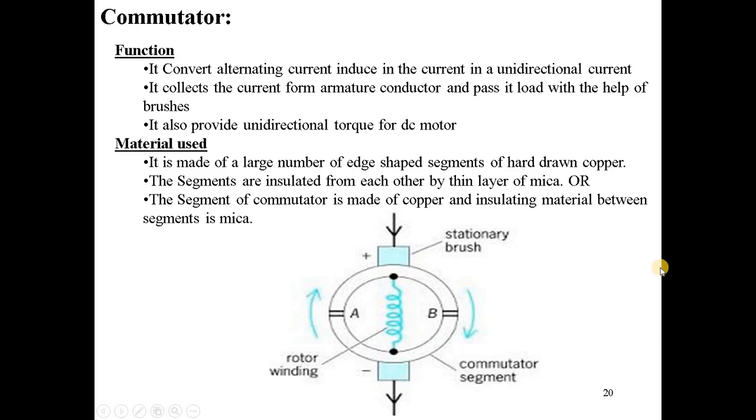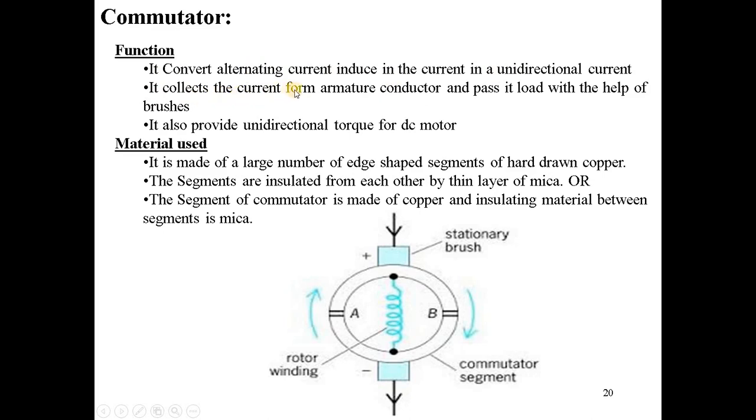But as far as the name is concerned, this machine is a DC machine, direct current machine, right? So we need to convert the generated EMF, which is alternating in nature, into direct current. So the first function is that it converts alternating current into unidirectional or DC current.